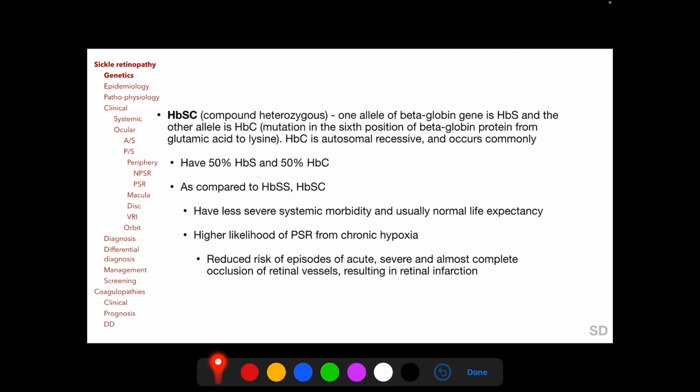But in HBSC genotype, there is chronic hypoxia of the retina instead of infarction, and the hypoxic retina produces angiogenic factors to cause proliferative sickle retinopathy. So in sickle cell disease, severity of systemic symptoms does not match the severity of proliferative retinopathy in the eye.